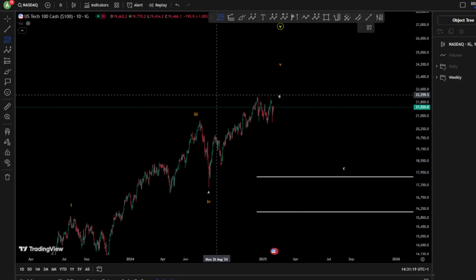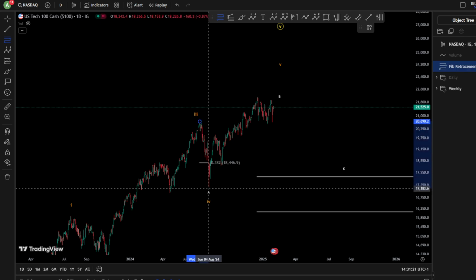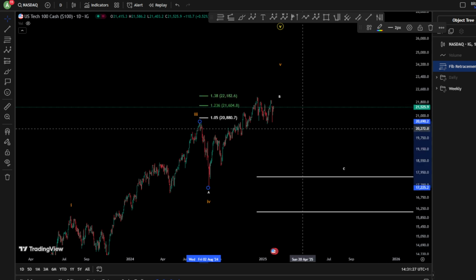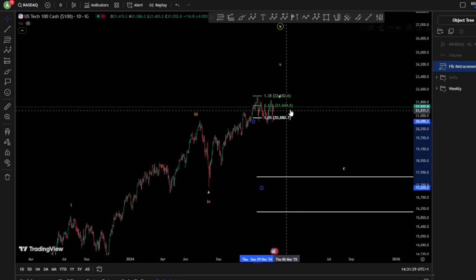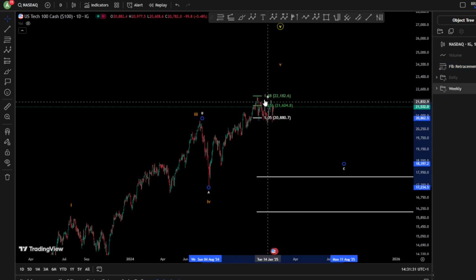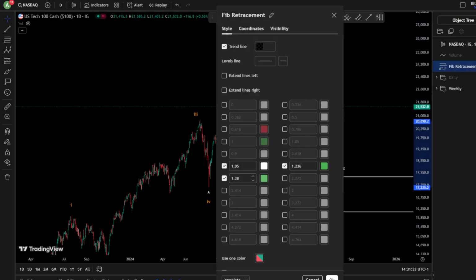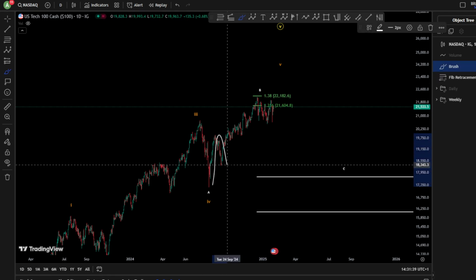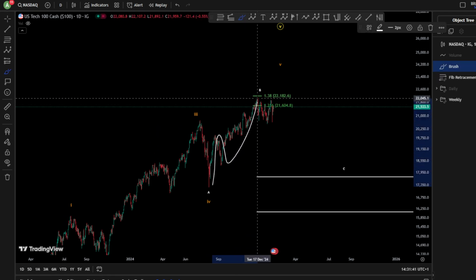Now, in the case of a bearish scenario, which is less possible, again I repeat, less possible, it is an expanding wave B, an expanding flat, because we have finished perfectly between the perfect fib levels for a wave B in an expanding flat, and so far it's still looking like 3 waves toward the upside.